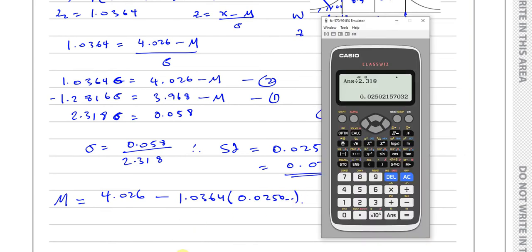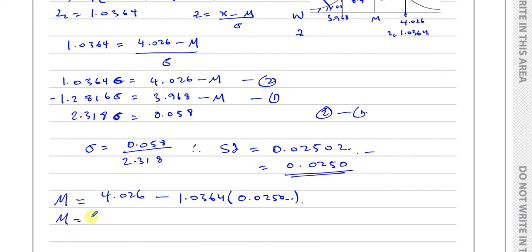I'll take the last value and do 4.026 minus 1.0364 times the last answer, and that gives us 4.00006, so 4.0000, and it goes on like that.